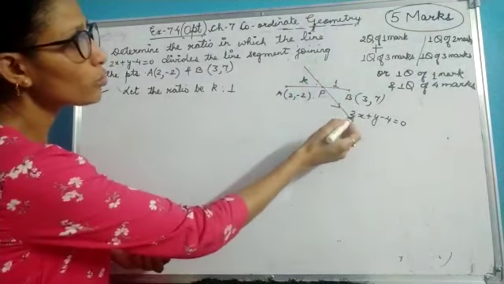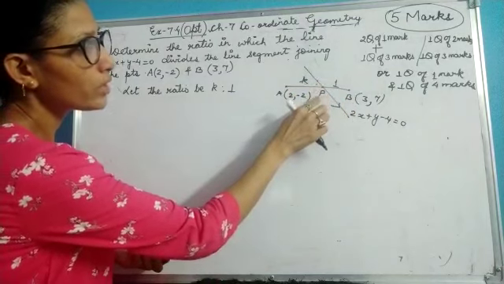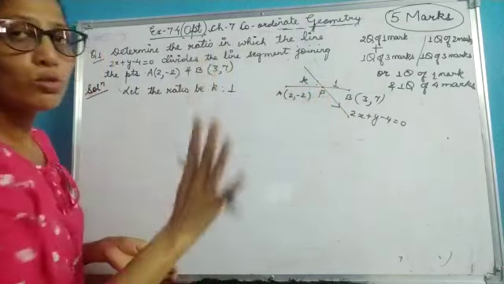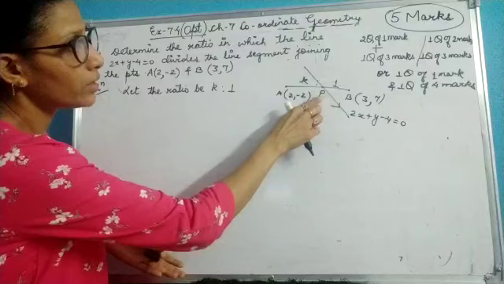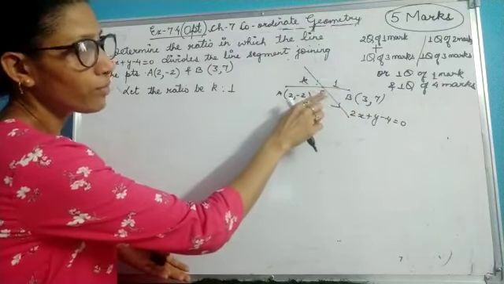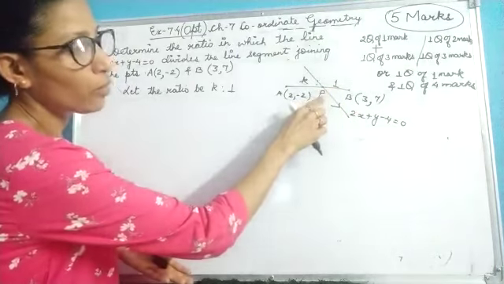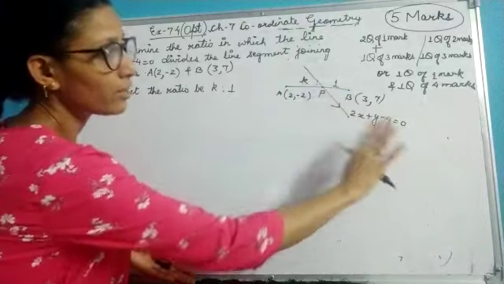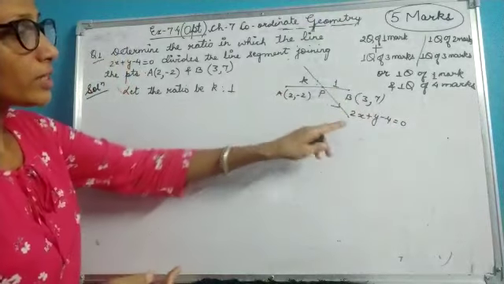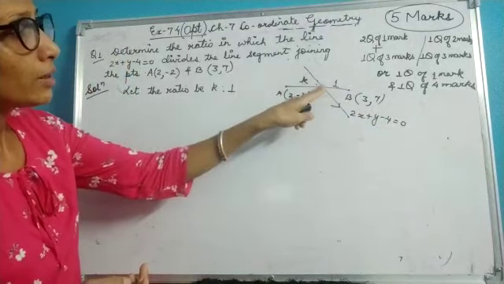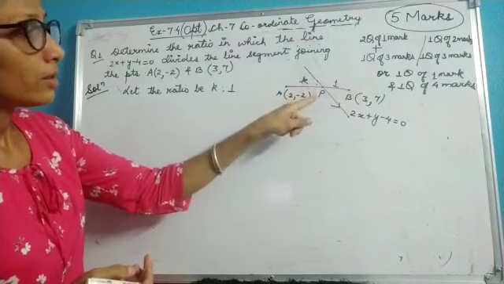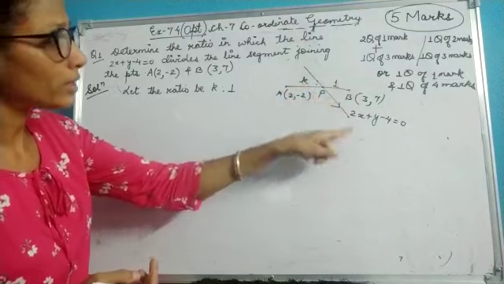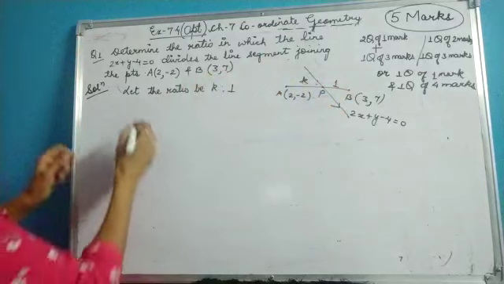That means we need to find out coordinate of point P. If we are able to find out coordinate of P, then we can put the values of x and y from here to here, and if it satisfies, obviously it will get satisfied because point P is lying on both the lines. So let's find out point P by our formula.